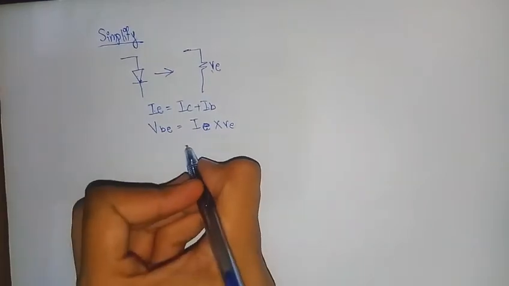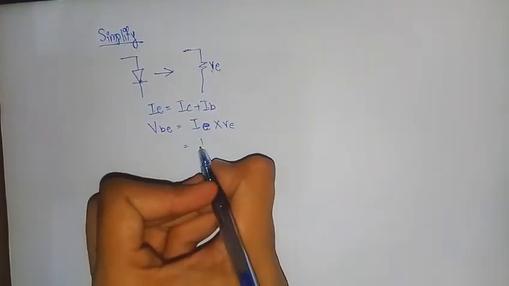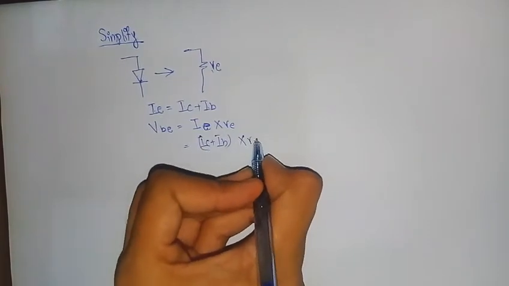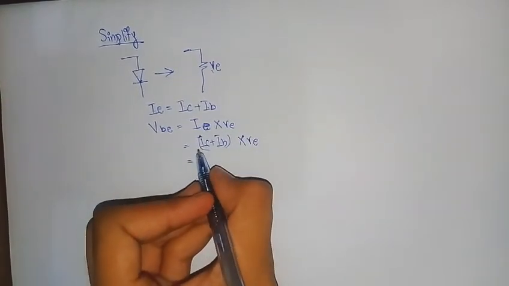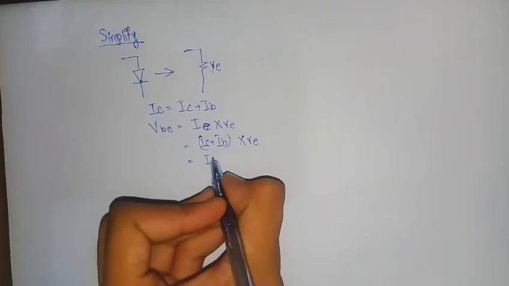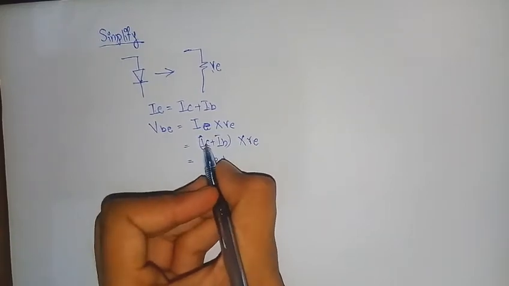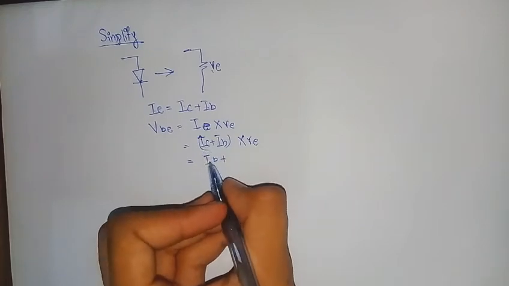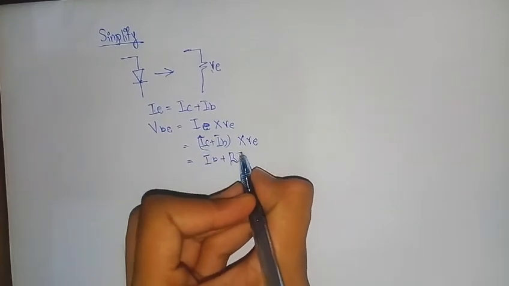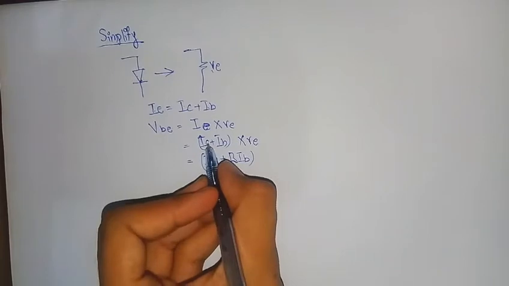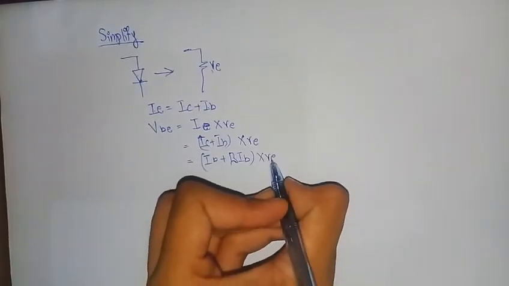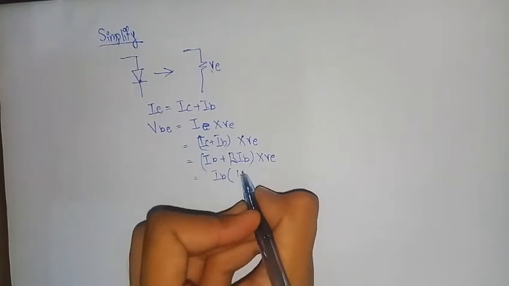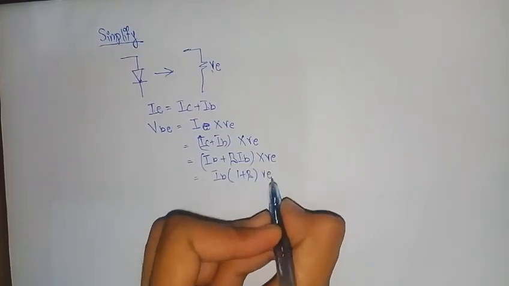So from here, IE equals IC plus IB, into re. Here IB is simple, plus this IC, and you know that IC equals beta times IB, so we take the value of beta times IB for IC and multiply with re. Now we take IB common from there, so IB into 1 plus beta into re.